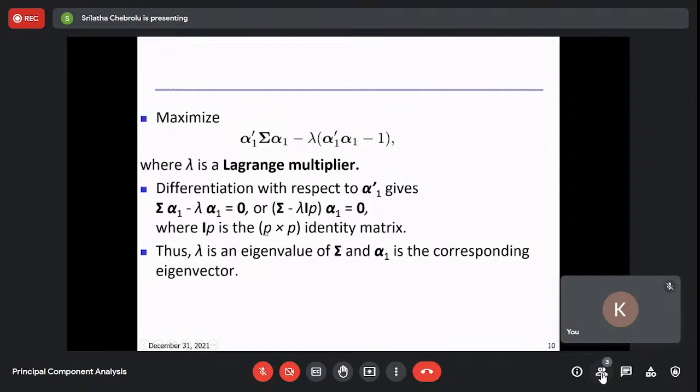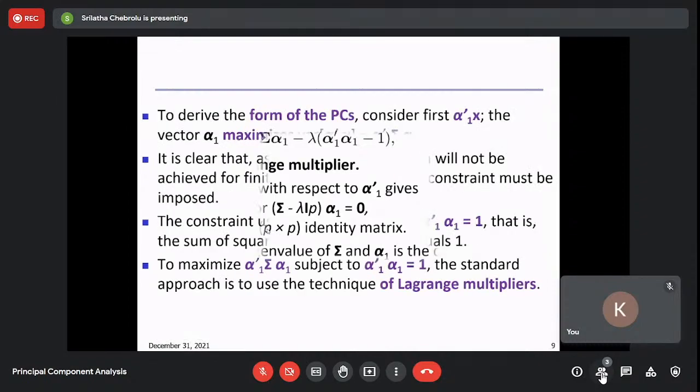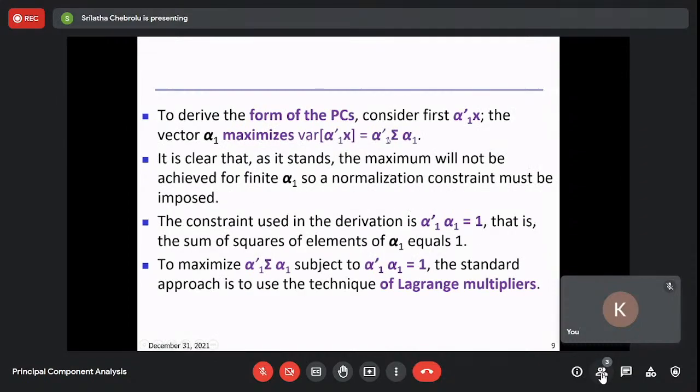Now we have got some connection. We have to find the principal component that is maximizing the variance. This is the covariance matrix, and this is the component. This value has to be maximum subject to this constraint.